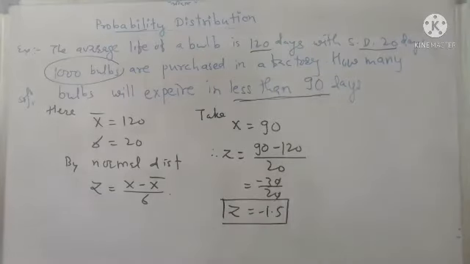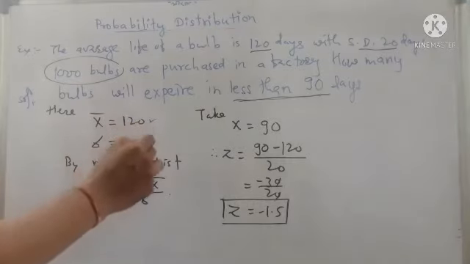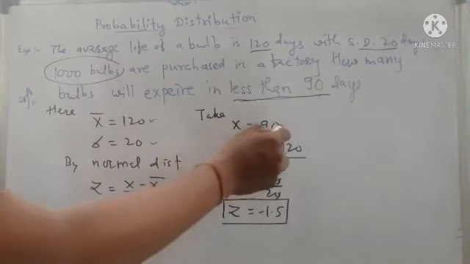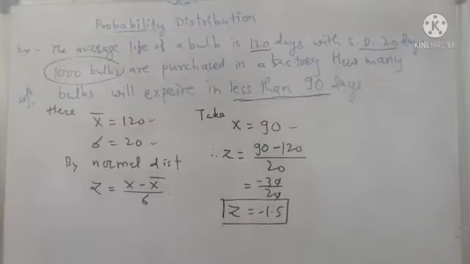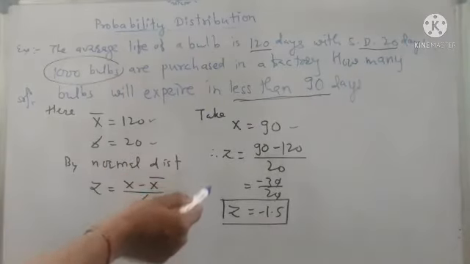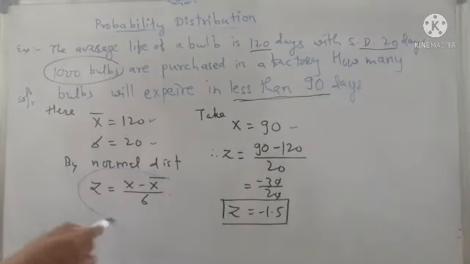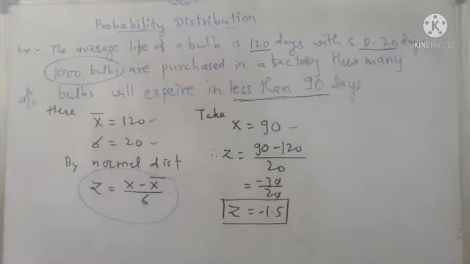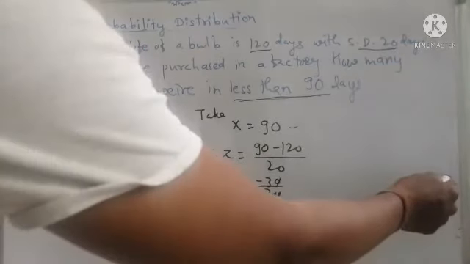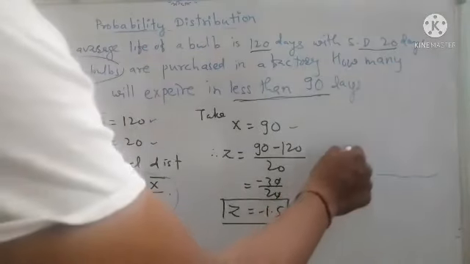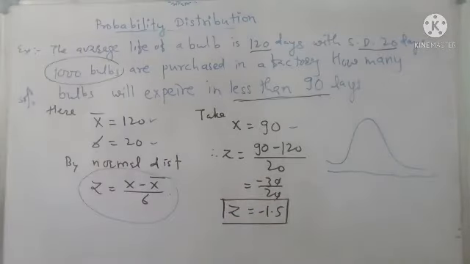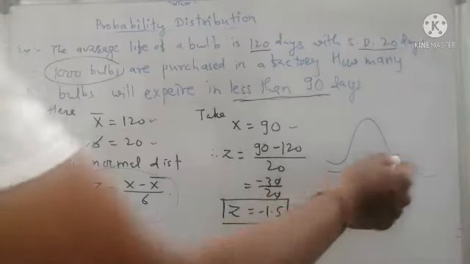The first part of this example is completed, as we defined the mean of the distribution and the standard deviation, and the variable x as an inequality, where we take x as 90 and the corresponding normal variable by using the formula. Now in the second part we use the graph of the normal distribution, which is a bell shaped curve with a normal variable.